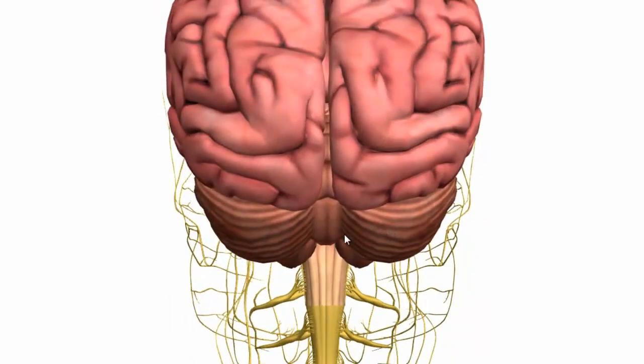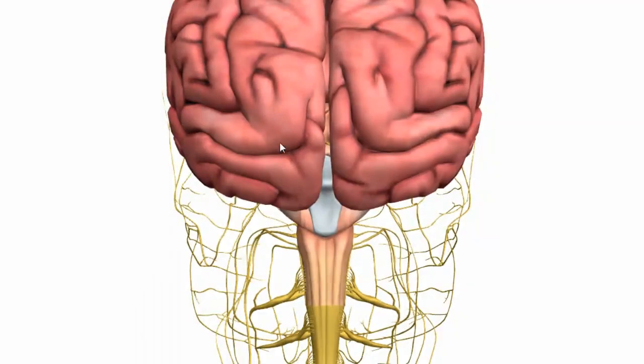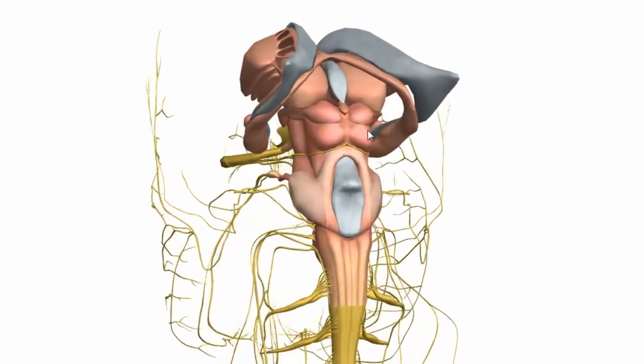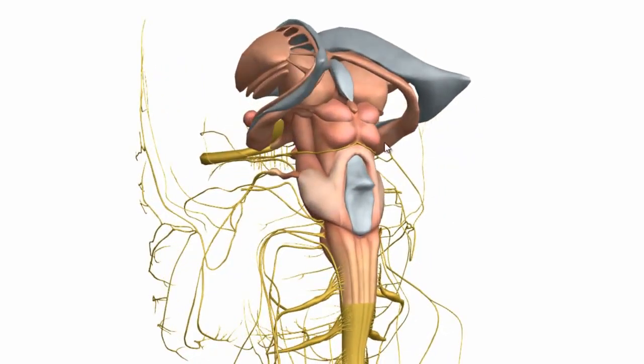If I remove the cerebellum, and I'll remove the hemispheres as well, we can see the midbrain here. You can identify it by the colliculi. So that's the midbrain, and this is the dorsal surface of the brainstem.